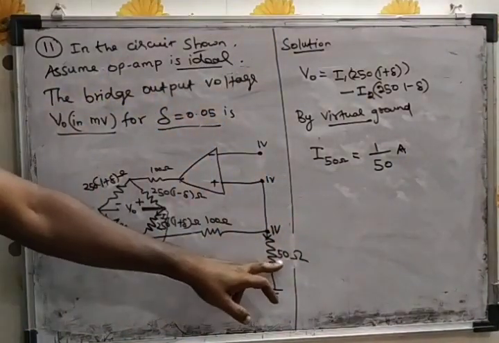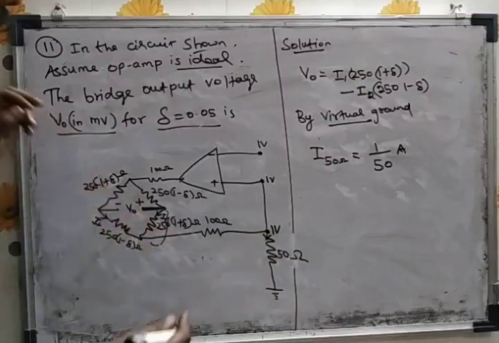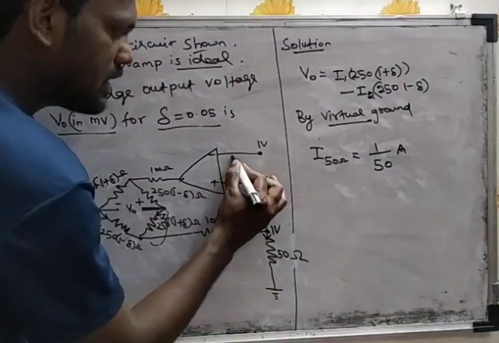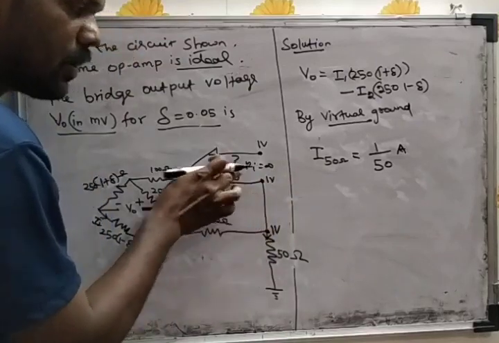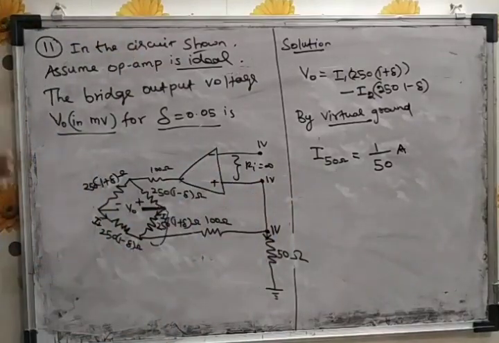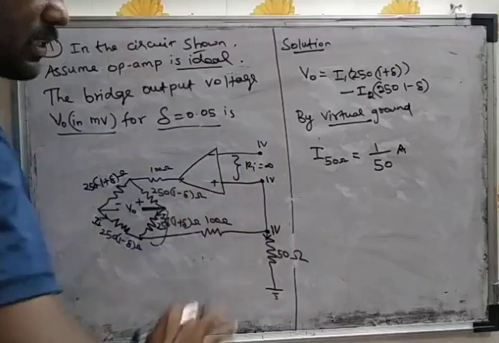Since Ri is infinity, the current flowing through the op-amp terminals is 0, so I minus and I plus are 0.